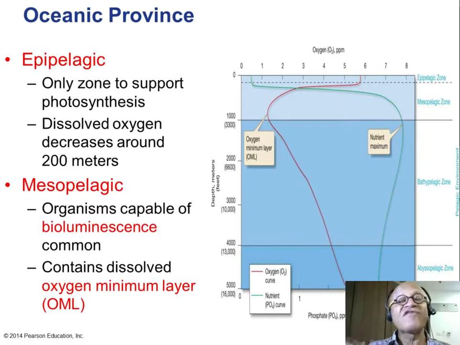Organic matter is converted back into nutrients, so the nutrients increase as you go below the euphotic zone, and you get a nutrient maximum which is much flatter than the oxygen minimum zone, because oxygen is heavily used up by the living things, whereas the remineralization depends on many parameters, pressure, temperature, and so on.